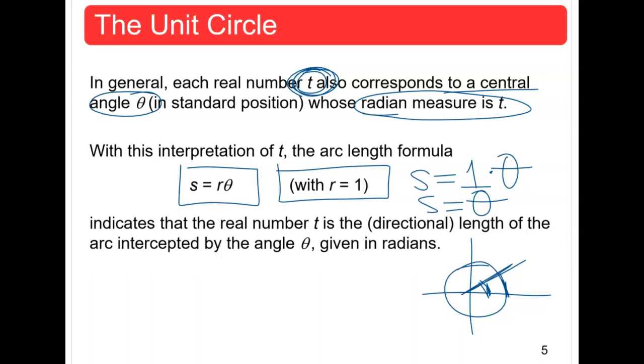Now, if the radius is bigger than 1, they will not be equal. The length of that intercepted arc will not be equal to the angle measurement of the central angle.